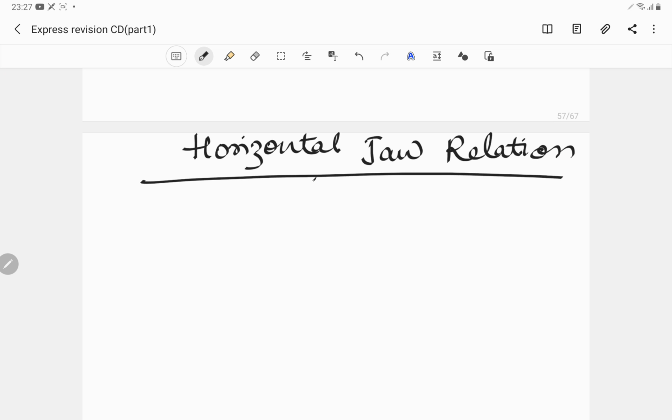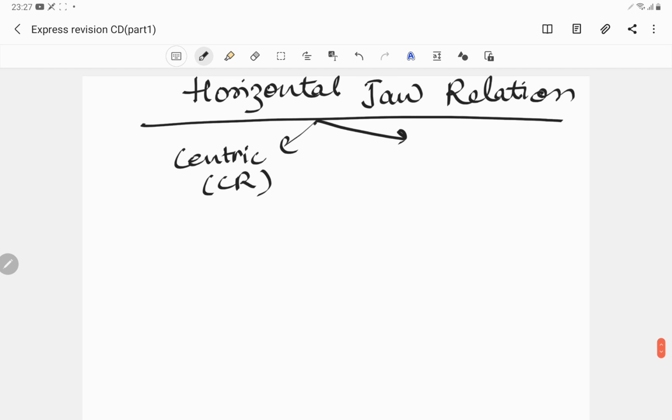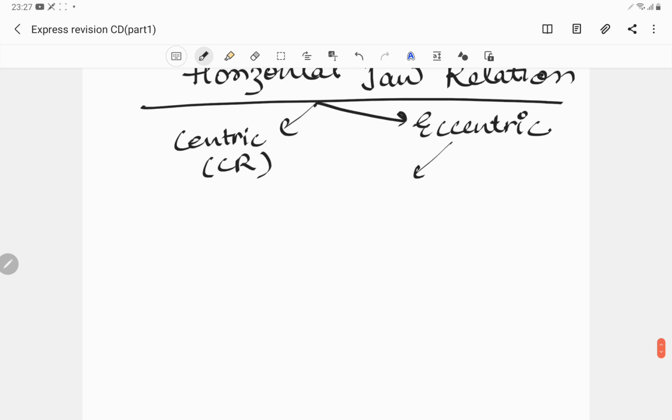The horizontal jaw relation is of two types, the centric, CR, and the eccentric. Eccentric means other than the centric, all the movements are eccentric. It can be protrusive or lateral movements.